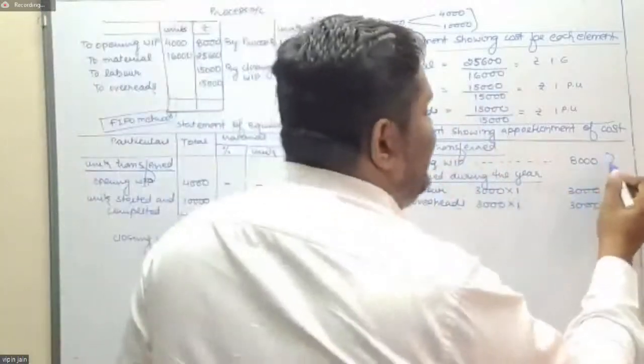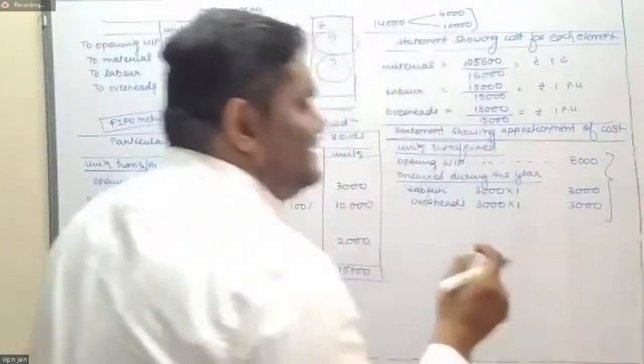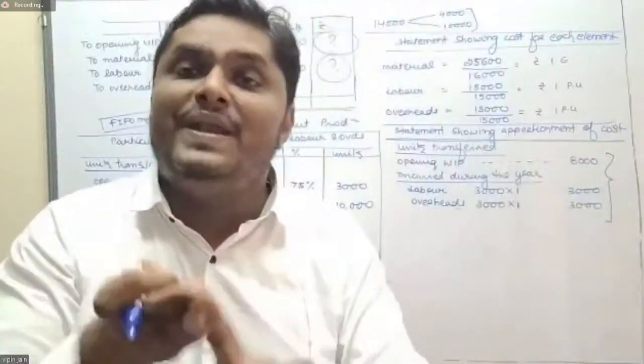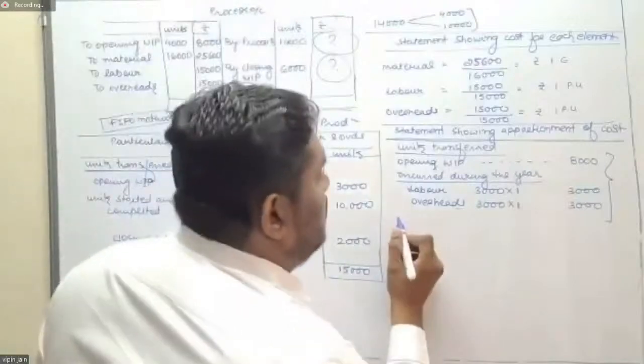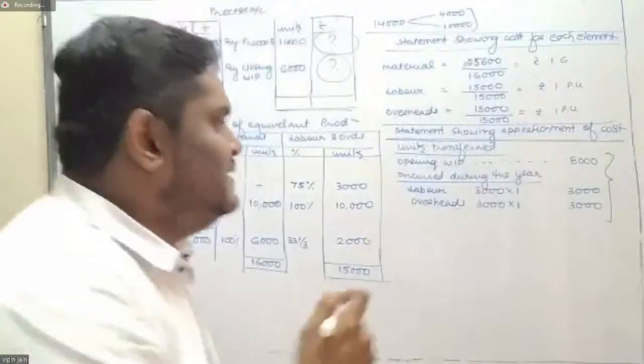So this is the value of opening work in progress. That is the cost that is incurred last year, that is 8,000, plus 6,000, the cost apportioned in this year. Now, the remaining 10,000 units, they were 100% processed this year.